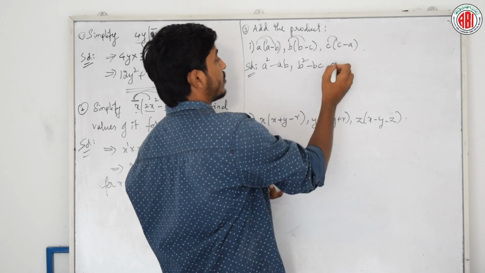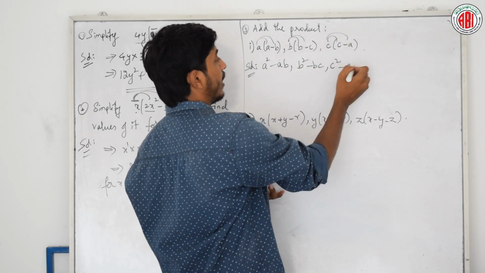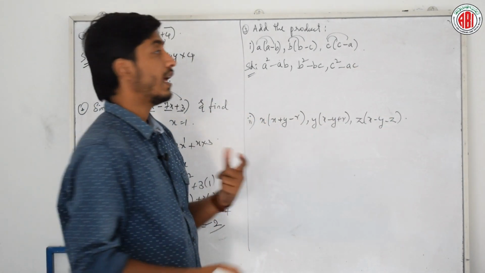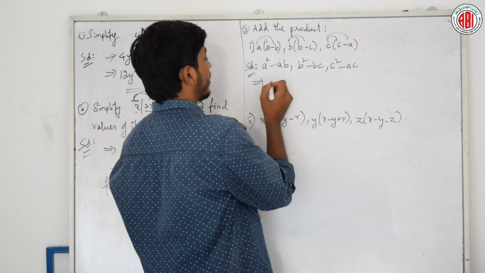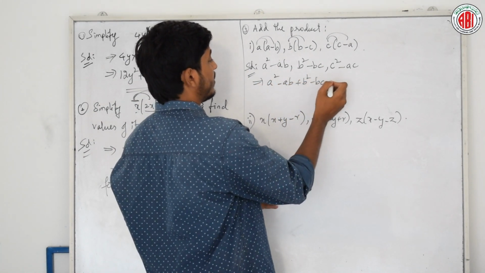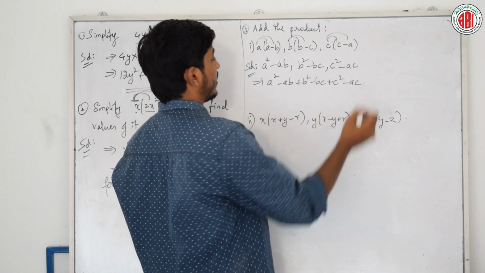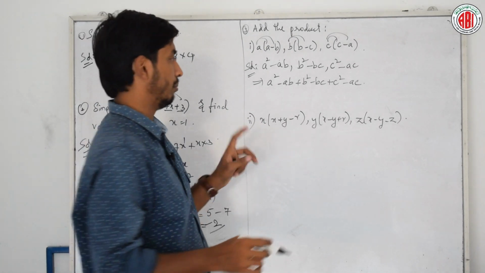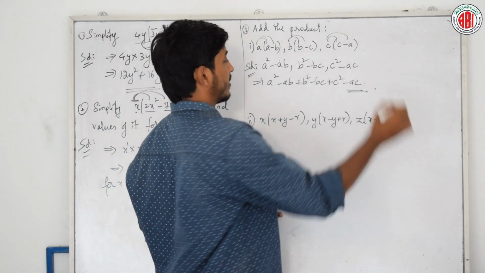And next c into c, c square, c into a is ac. We have done the products. Next we have to add them. That is a square minus ab plus b square minus bc plus c square minus ac. Is there anything similar or same? No. That's it. This is the answer.